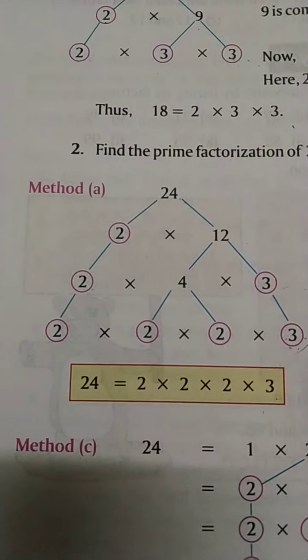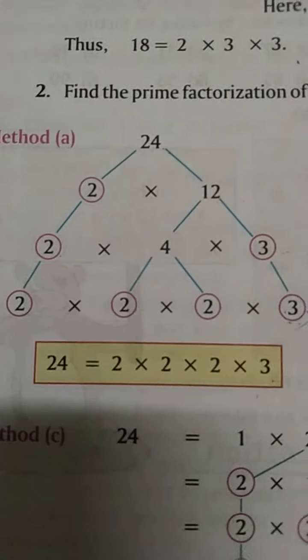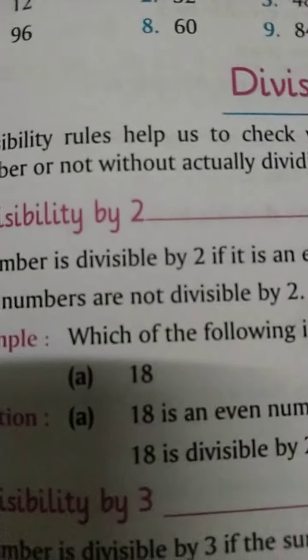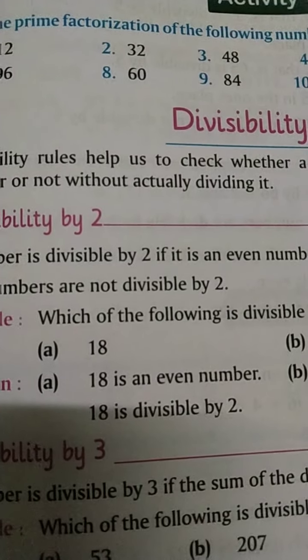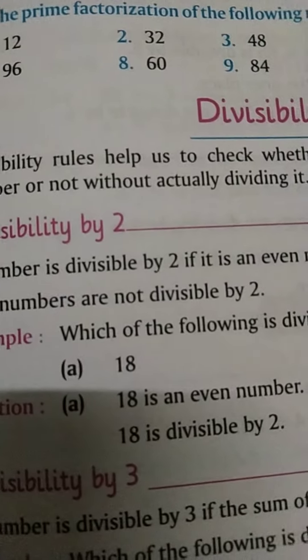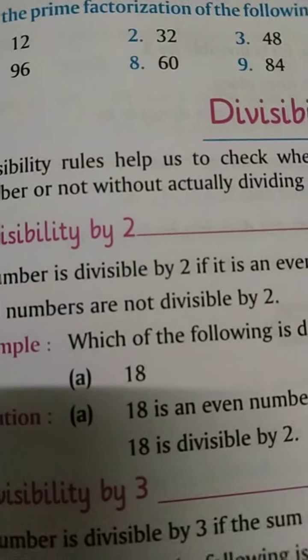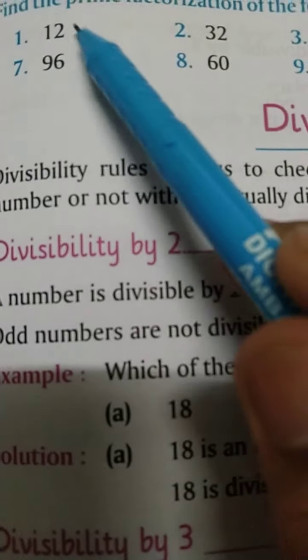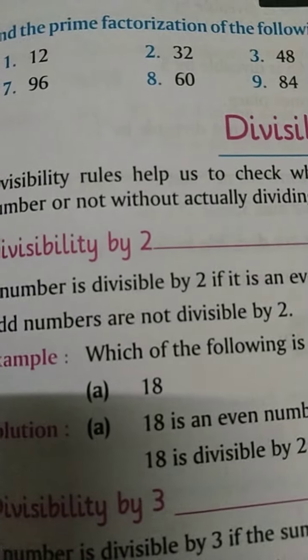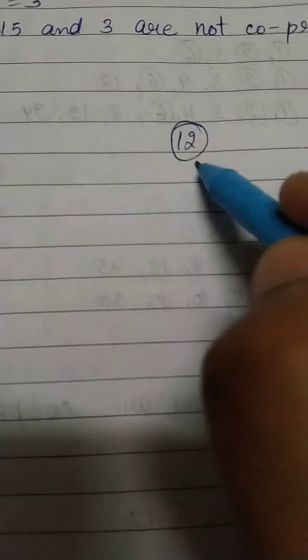Got it? So in the same way, we will be easily able to solve these parts of activity number 5, which is to find the prime factors. Let us have one more example from activity number 5, that is 12. Let's solve it. 12.